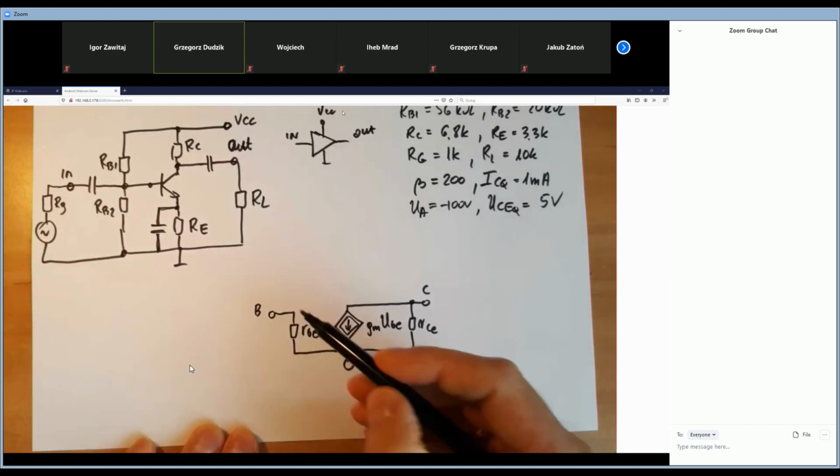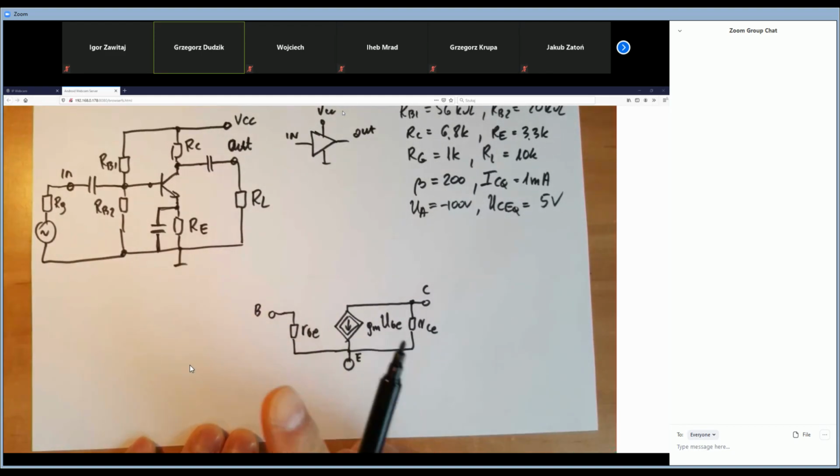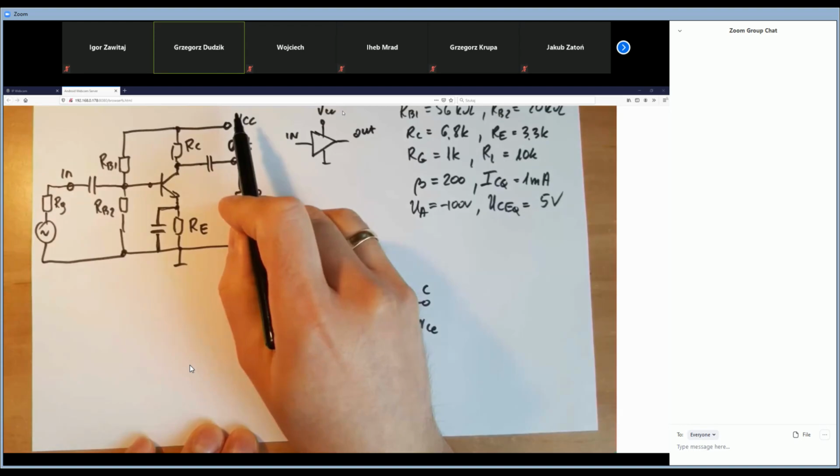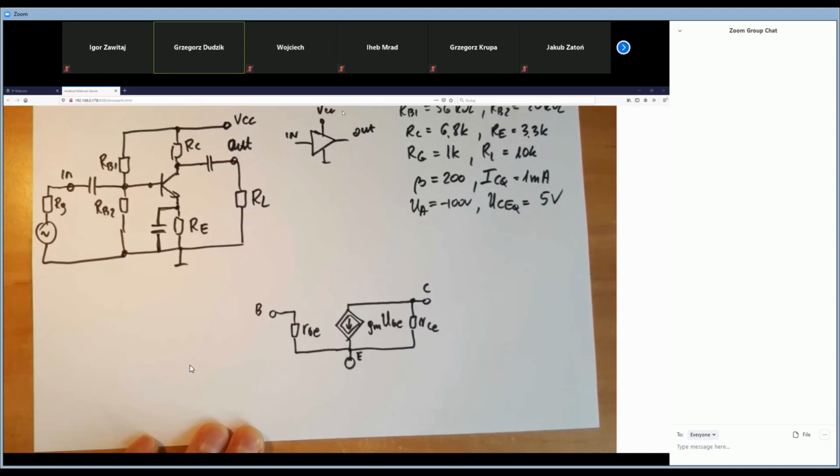And another one, VCC, the voltage supply, is a DC signal. How can we replace the VCC voltage supply for the AC signal? What does it look like?